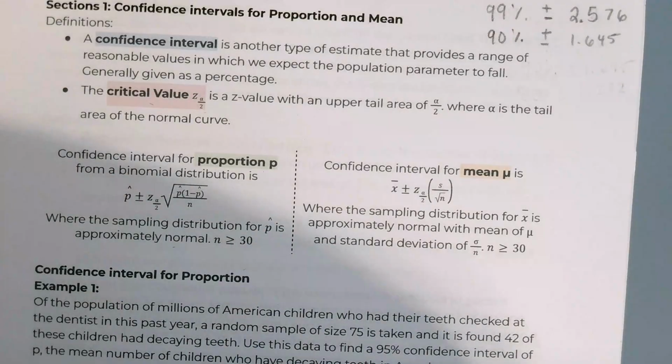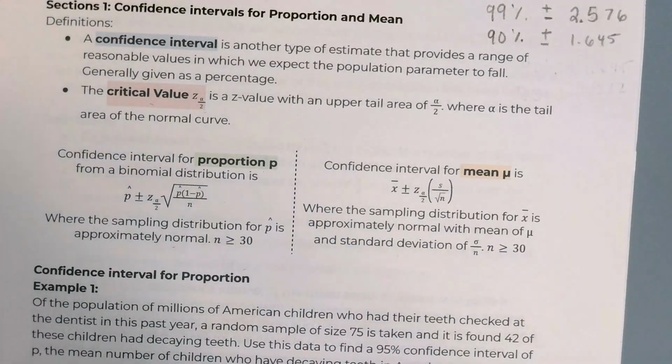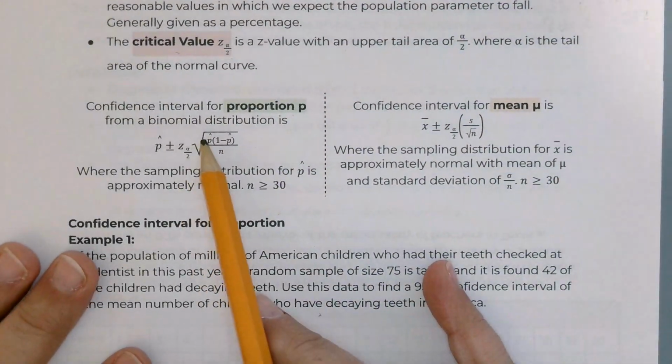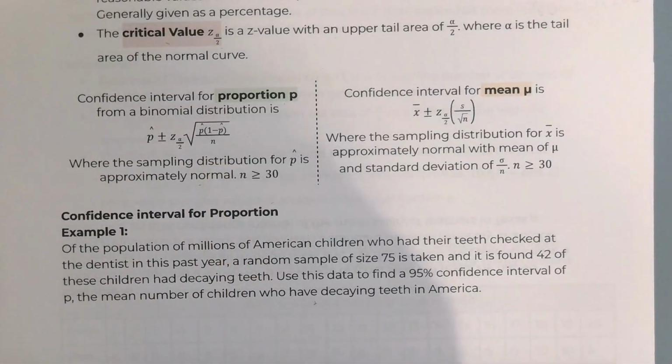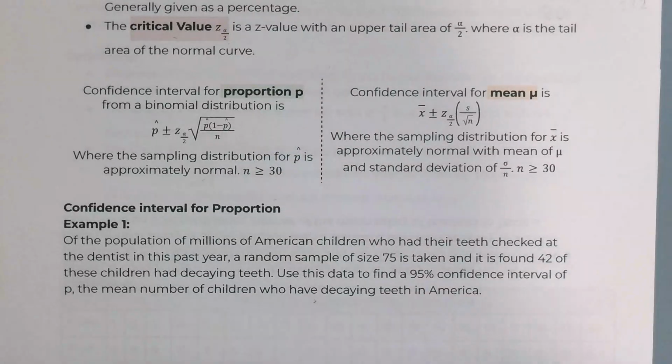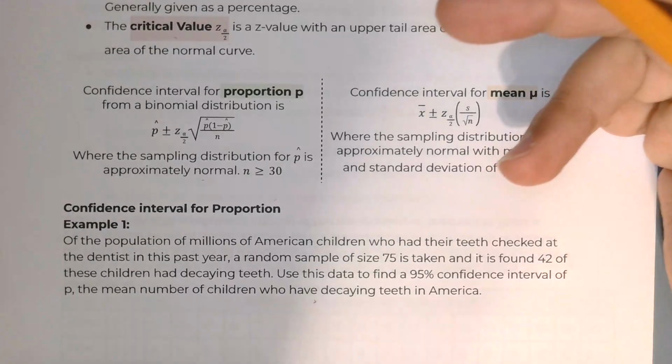We're going to use the critical values in our formulas because we're going to multiply it by what looks like our standard deviation and then add it to our parameter. But we need to first remember that this works because of the central limit theorem.